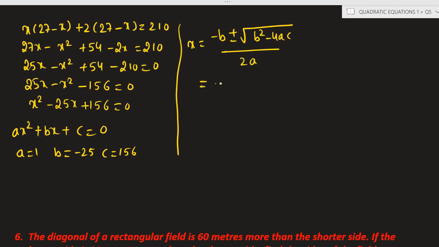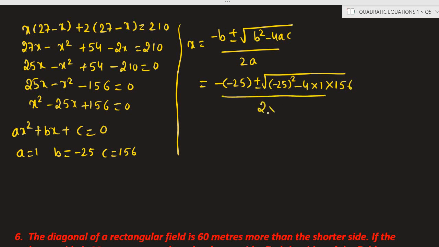So X is, b is minus 25, plus or minus root of minus 25 square minus 4 into 1 into 156, whole divided by 2 into 1.